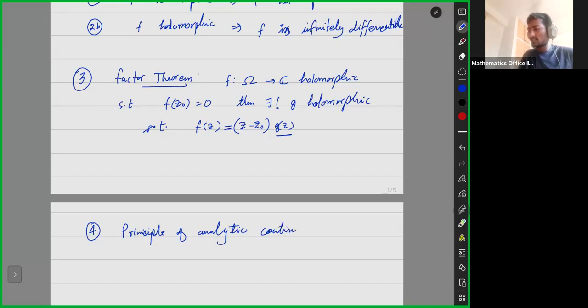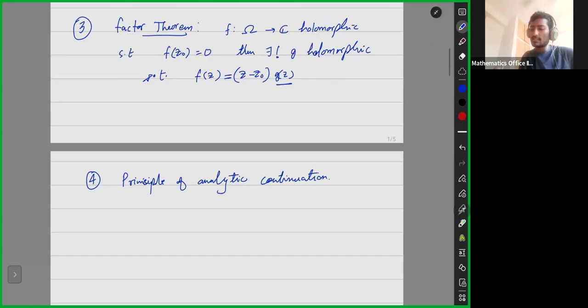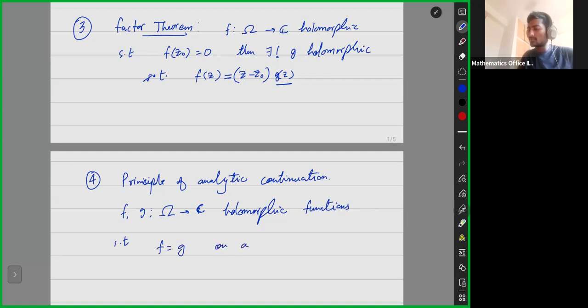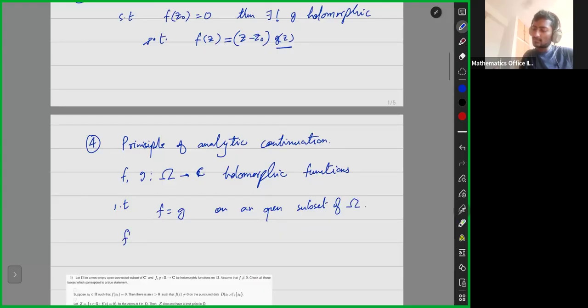This is like: if the two functions F, G from omega to C are holomorphic functions such that F is equal to G on an open subset of omega, then F is equal to G on omega. They agree on the full set.